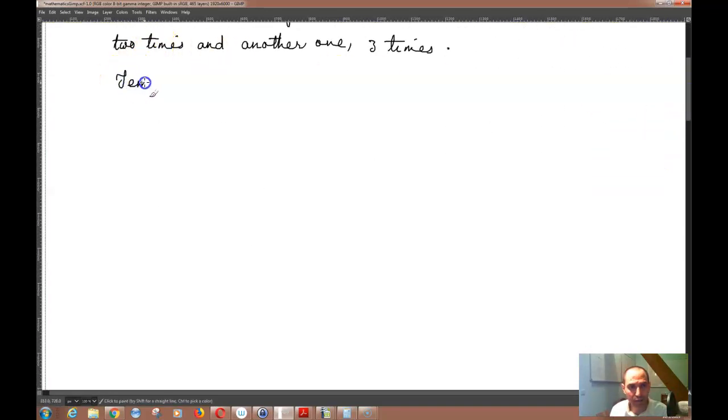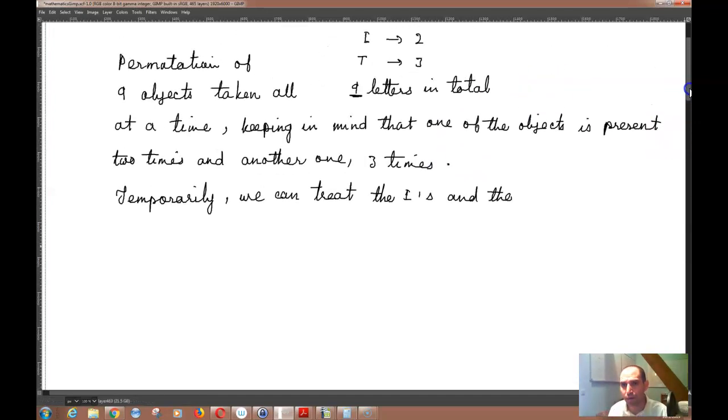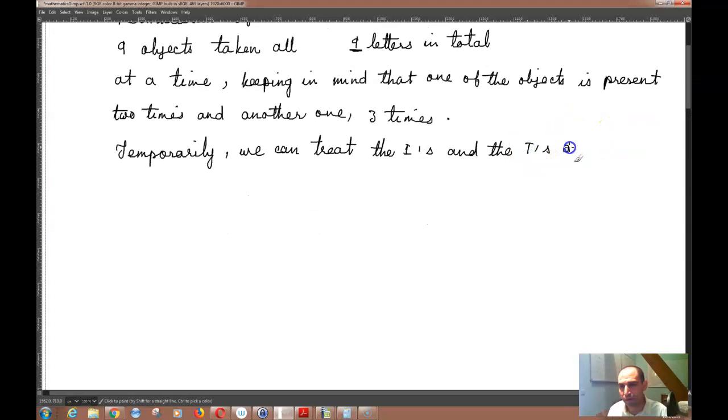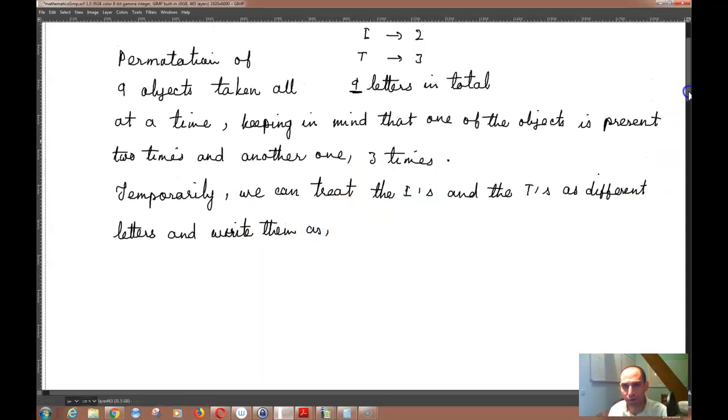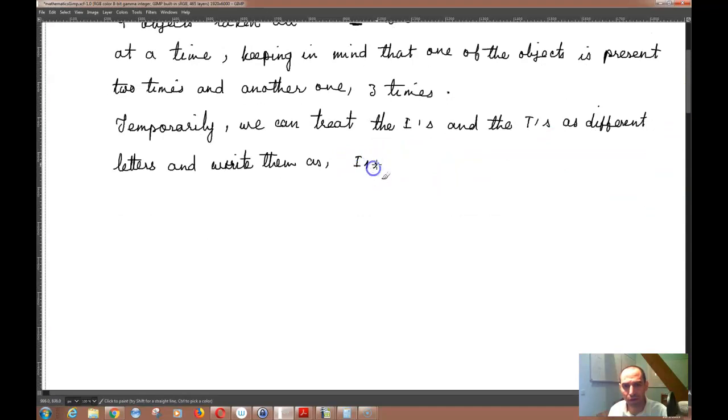So temporarily we can treat the I's and the T's as different letters and write them as, over here I have 2 I's, so I1 and I2, and T1, T2 and T3.